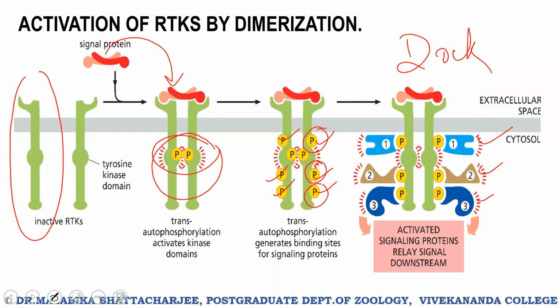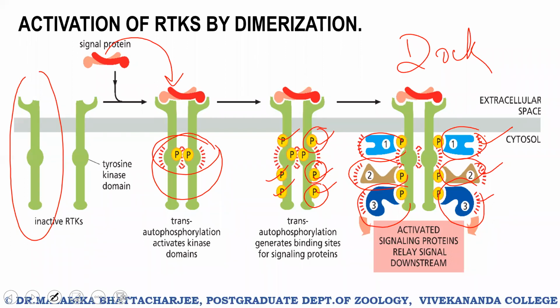So whenever there is a trans-autophosphorylation of the receptor and additional tyrosine residues are being phosphorylated on the intracellular part of the receptor, you can see that additional proteins are now docking on the phosphorylated sites of the receptor, and they themselves are getting activated on their tyrosine residues.